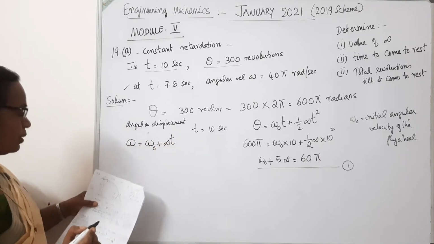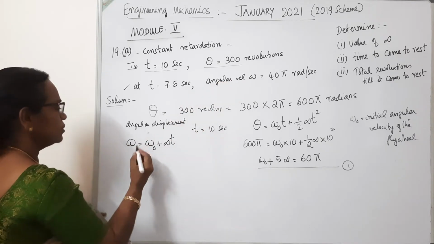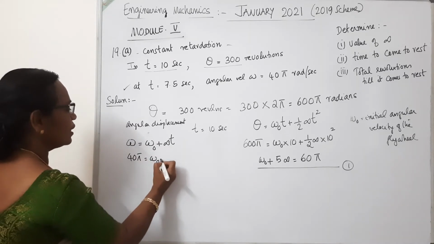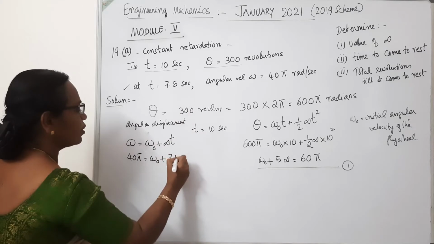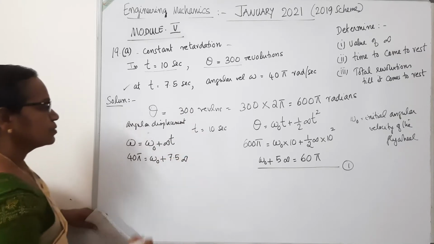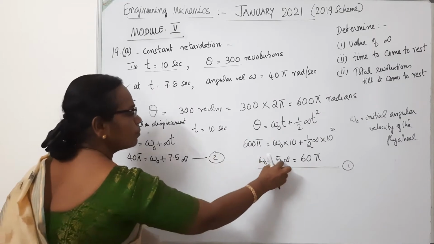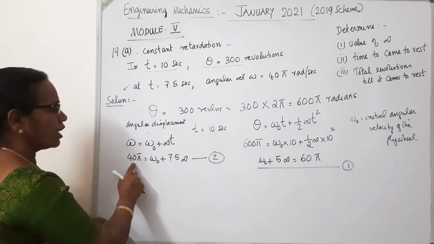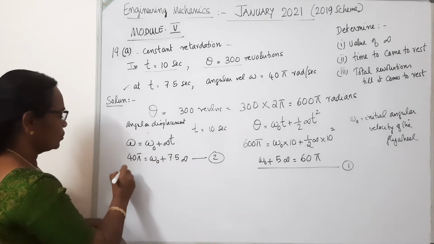Based on this, substituting, 40 pi is equal to omega 0 plus 7.5 alpha. So the two equations are: omega 0 plus 5 alpha equal to 60 pi, and omega 0 plus 7.5 alpha equal to 40 pi. So solve between 1 and 2.